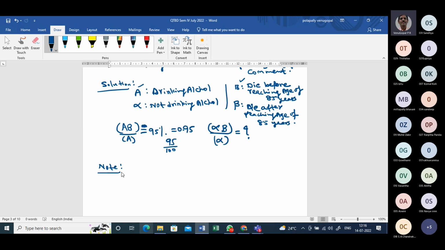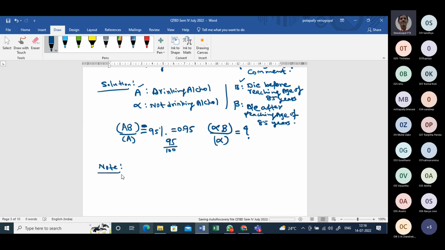Data for the percentage of persons who do not drink alcohol and die before reaching the age of 85 years is not available in the given problem.